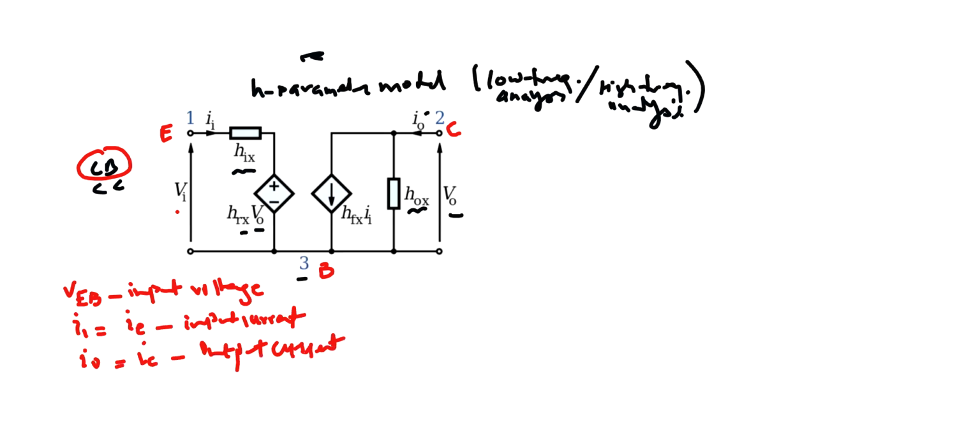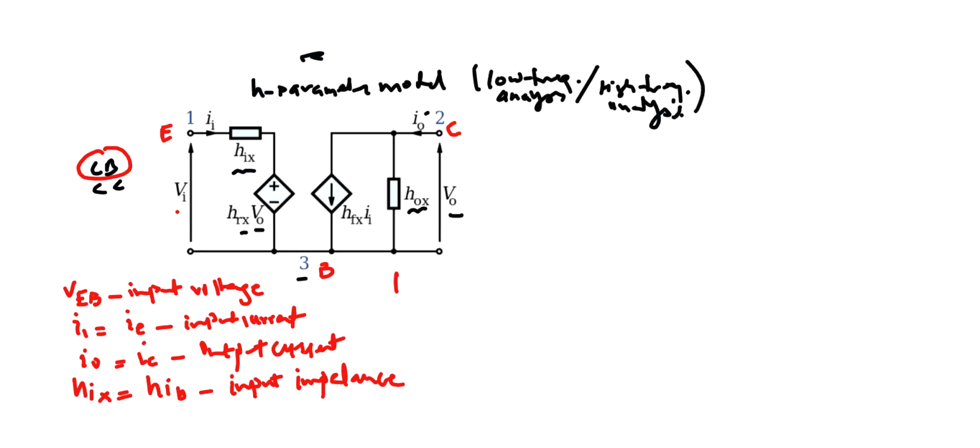Now, HIX will be replaced by HIB because we are talking about common base. We'll say this will be the input impedance of your circuit. Then you have HOX, which will be replaced by HOB.